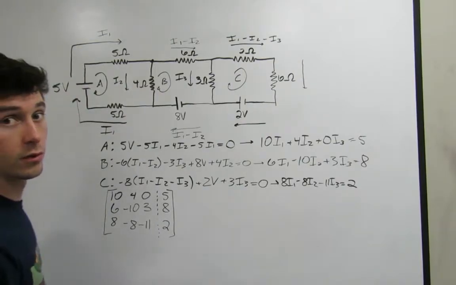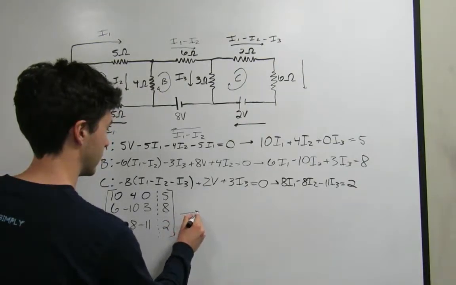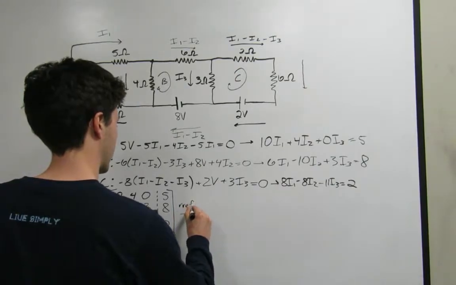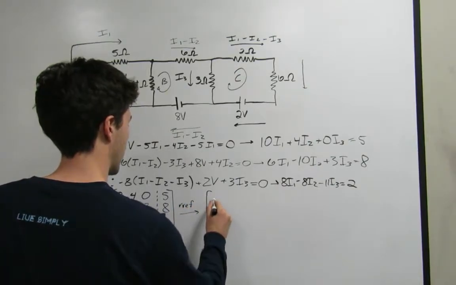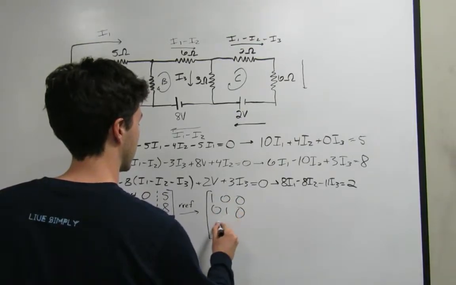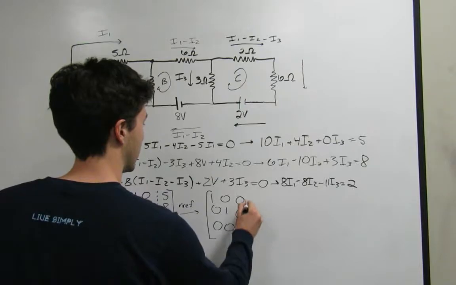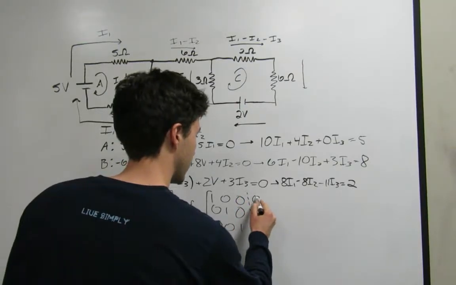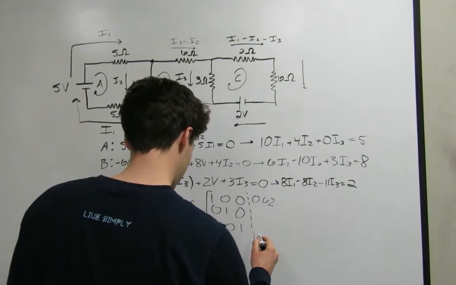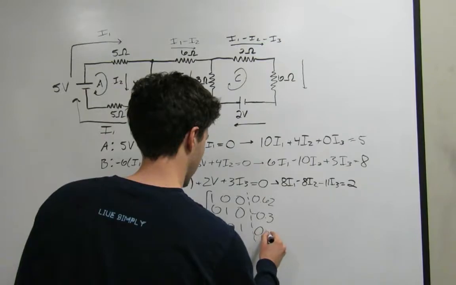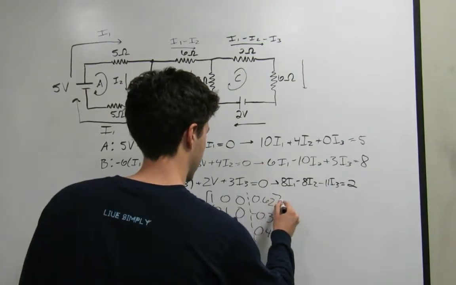And I went ahead and row reduced it just for the sake of time. I got 1, 0, 0, 0, 1, 0, 0, 0, 1. And I got 0.62, negative 0.3, and then 0.48.